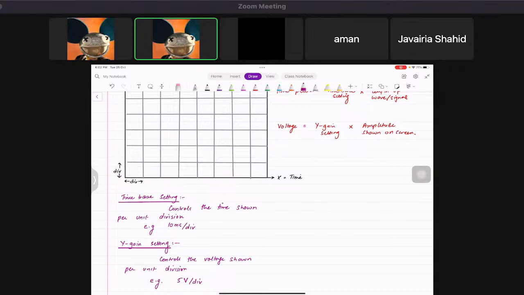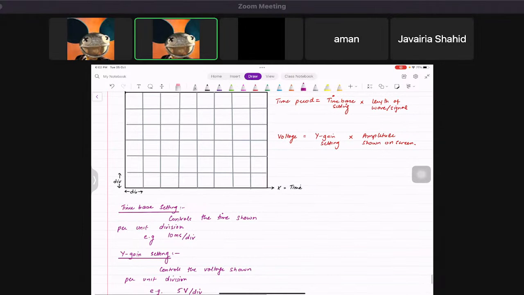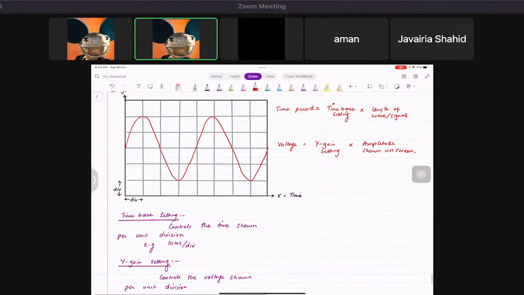All right, now suppose here you have a wave shown like this. And now they say find the time period and voltage of the wave.